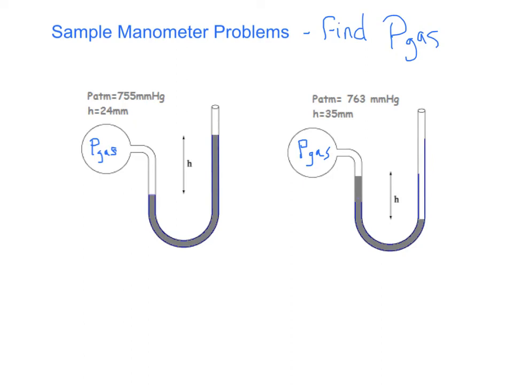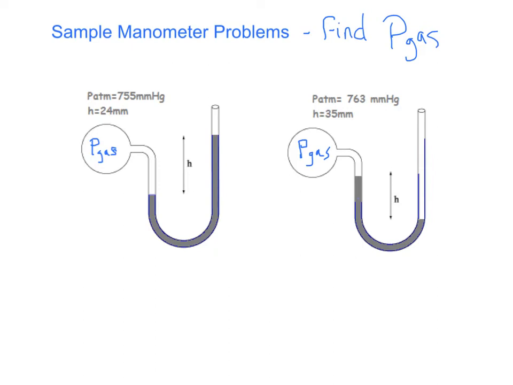So you might be faced with a problem like what we're seeing here, a manometer problem, and you're generally going to be asked to find the pressure of the gas that's in this enclosed container. So remember, it's going to be related to the height of the mercury column, or the height difference in the mercury column, and the atmospheric pressure.